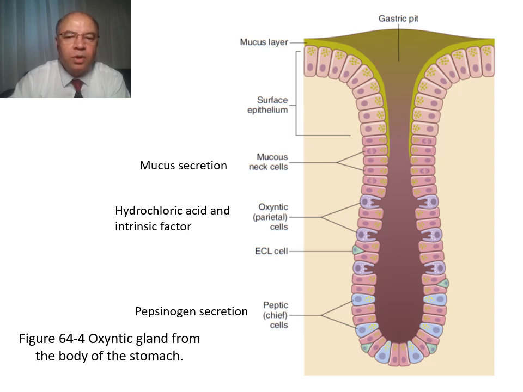So enterochromaffin cells are also shown here. Histamine stimulates the hydrochloric acid via these cells.